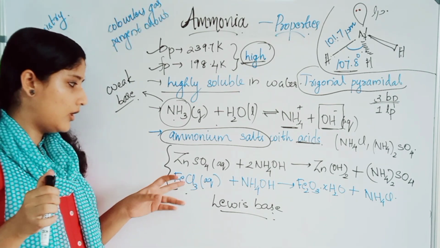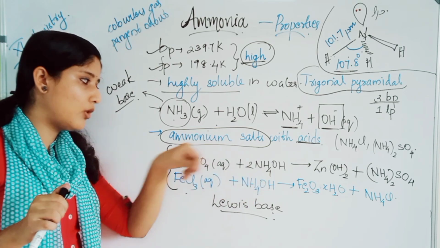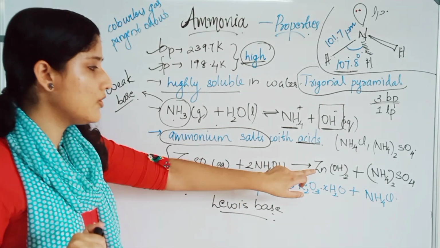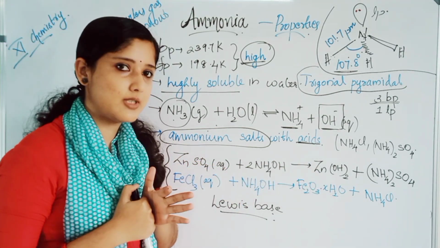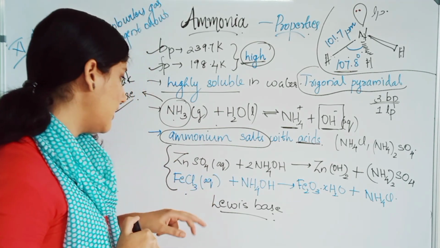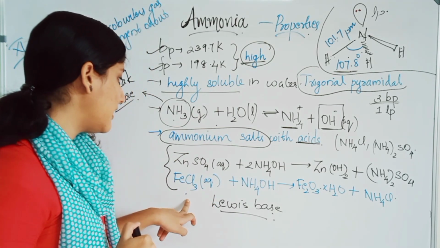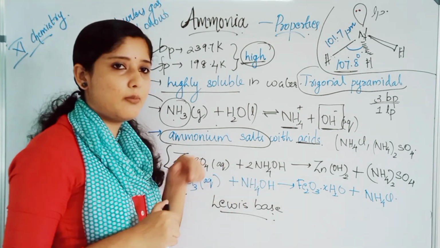Look here, zinc sulfate plus ammonium hydroxide will give you zinc hydroxide plus ammonium sulfate. This is the first reaction. Second one is FeCl3 aqueous, ferric chloride, and ammonium hydroxide.